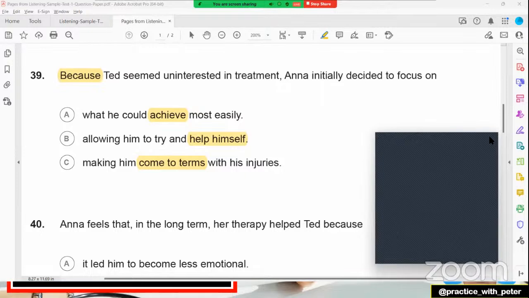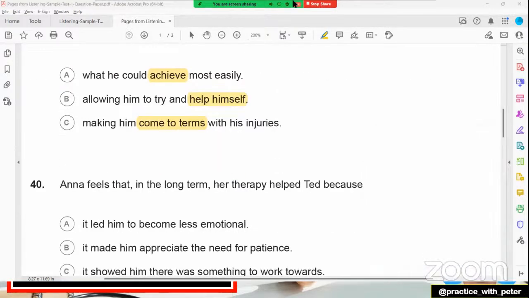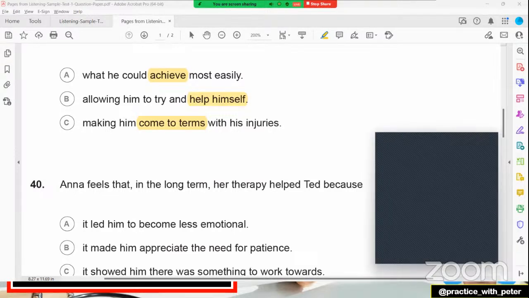So now, okay, was the example, sorry, is the example sentence useful for you? Do you think? What do you think?